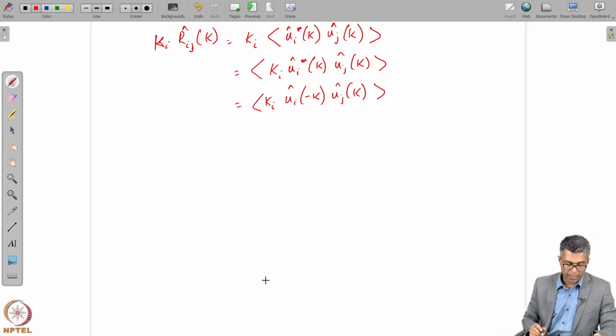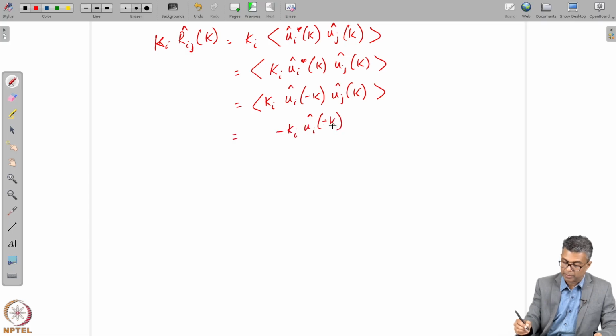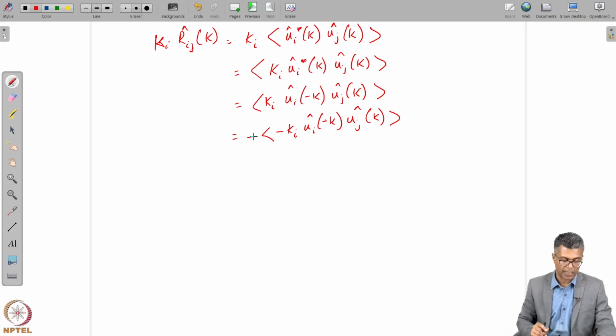Okay, and here I will write this as minus kappa i ui hat of minus kappa, isn't it? And because I included a minus, everything else stays the same, uj of kappa. Because I included a minus, I'll have to include another minus outside.